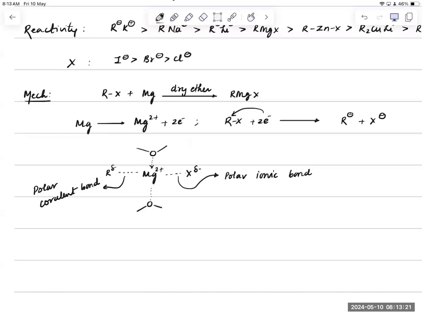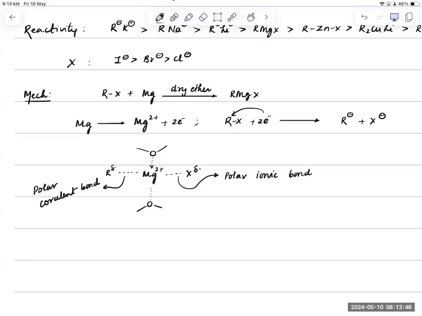Because it establishes this polar covalent bond, we usually see that RMgX has a slight negative charge on R and a positive charge on magnesium. Got it? I guess this point is clear, everybody.